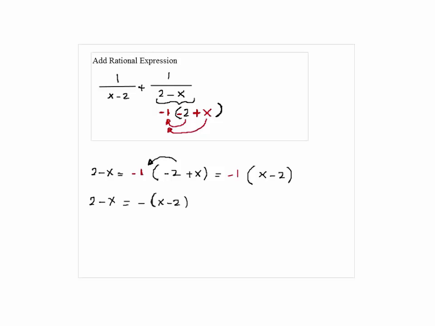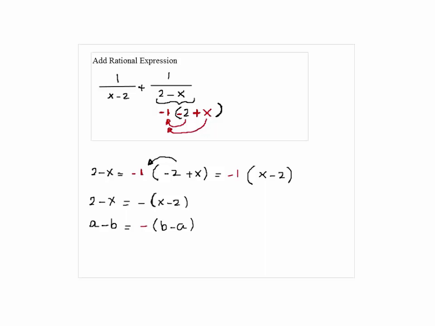You see how we have x minus 2 here? We wanted to make 2 minus x look like x minus 2, and then we factored a -1. So in general, you can remember that if you have a minus b, if you factor a -1 out of this, this would become b minus a inside the parentheses.